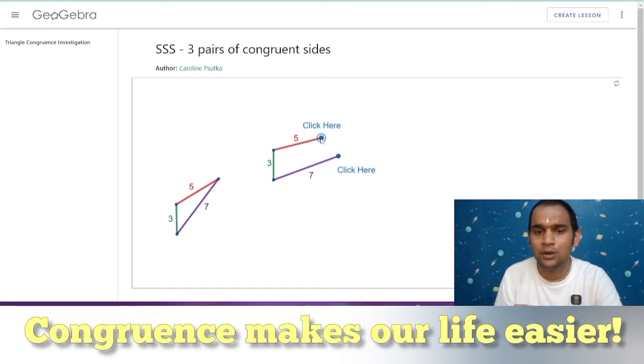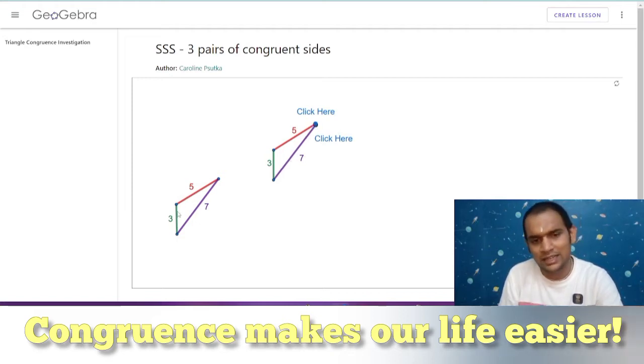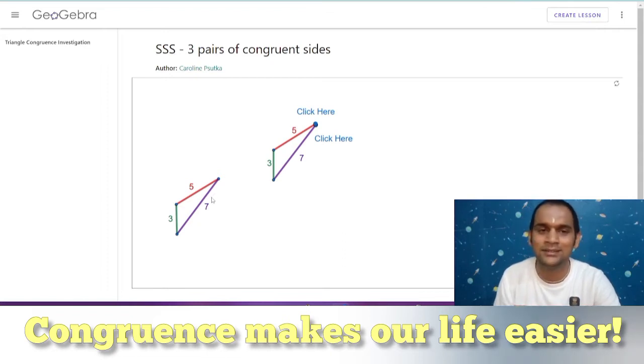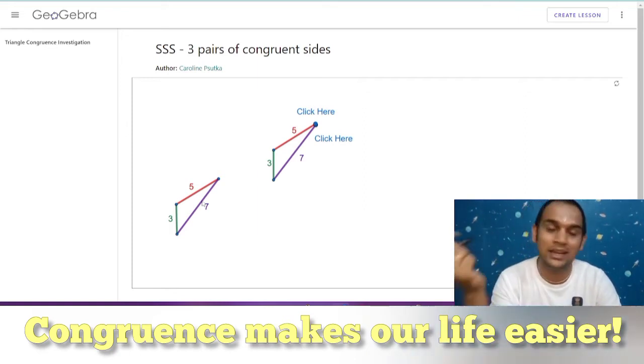Now over here I'm trying to make a triangle which has these three lengths of sides. Now when the triangle is complete, do you observe that it has exactly the same shape and same size? That means if we have three pairs of sides being equal in two different triangles, then they are said to be congruent.